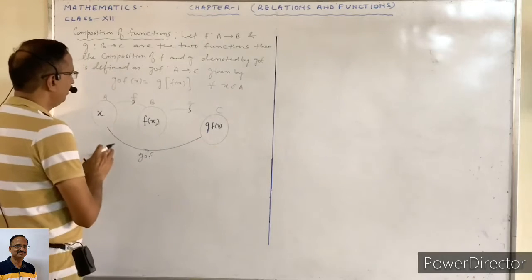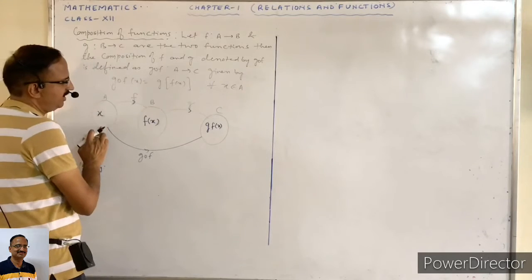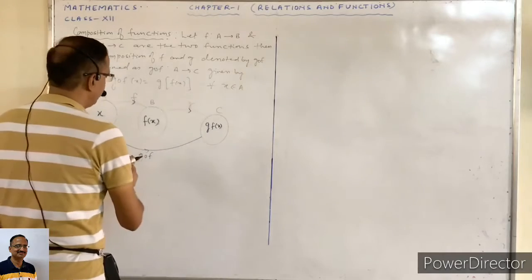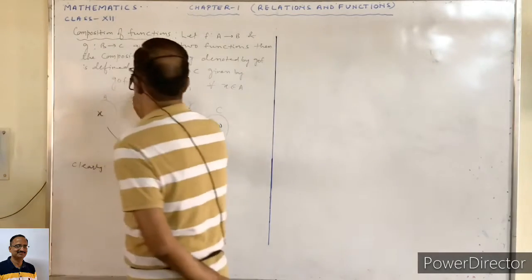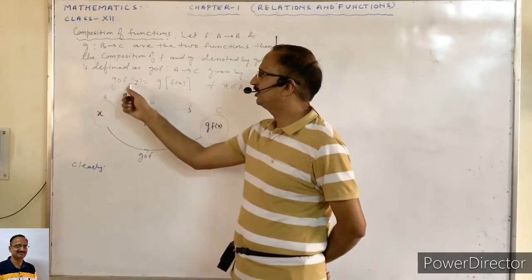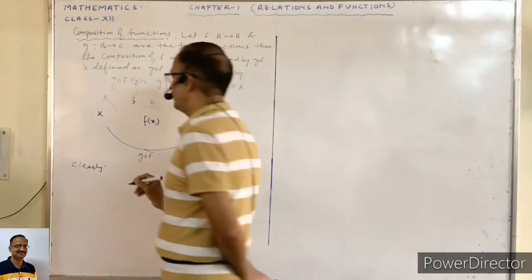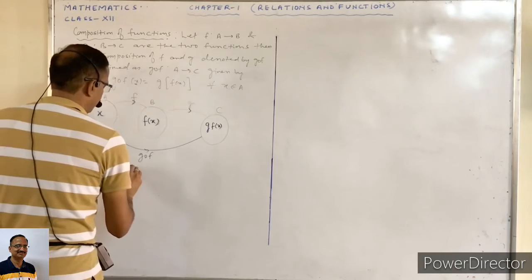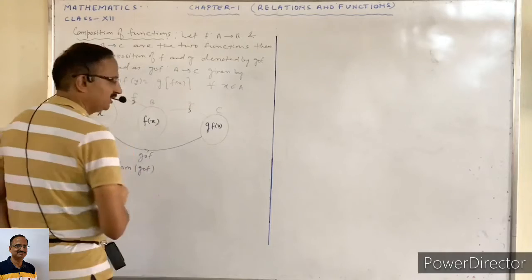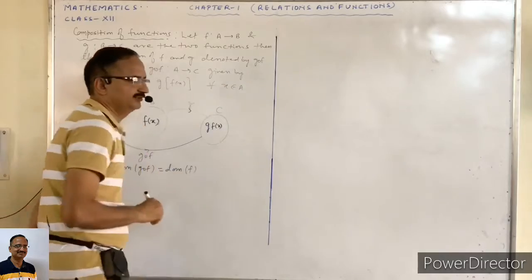Now, the domain of f, which is x, is the same as the domain of gof, because in both the functions we are just substituting this x. So the domain of gof is equal to the domain of f.